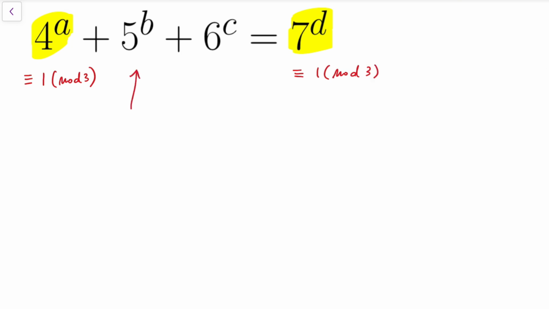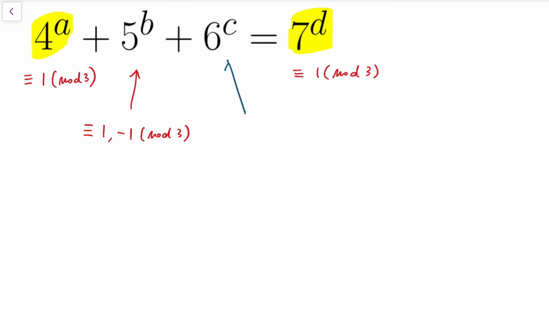For 5 to the power b, it can take two possible values, which are 1 or minus 1, because 5 itself, the base, is congruent to minus 1 mod 3, and if the exponent is an even integer, then the whole power will be congruent to 1 mod 3 instead.